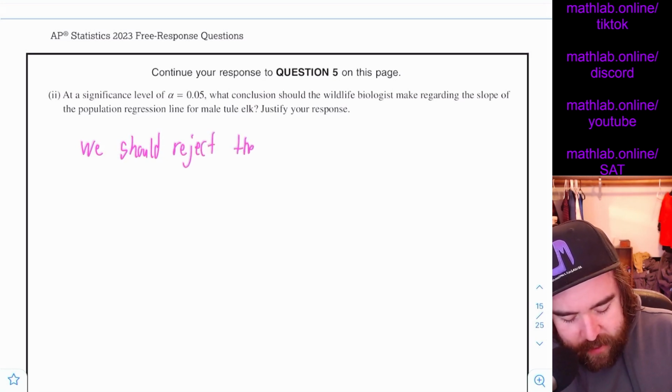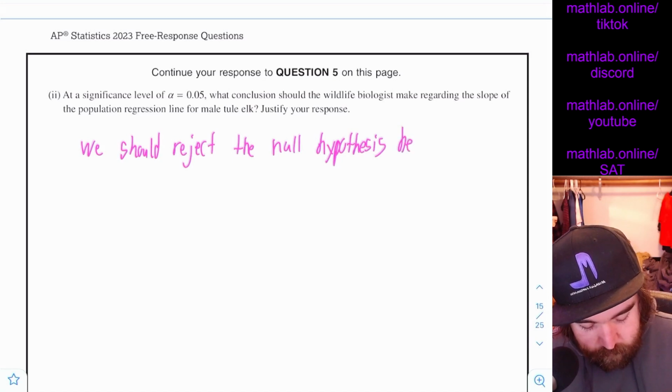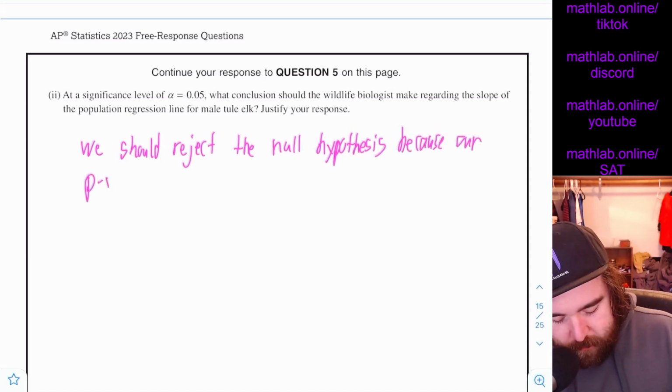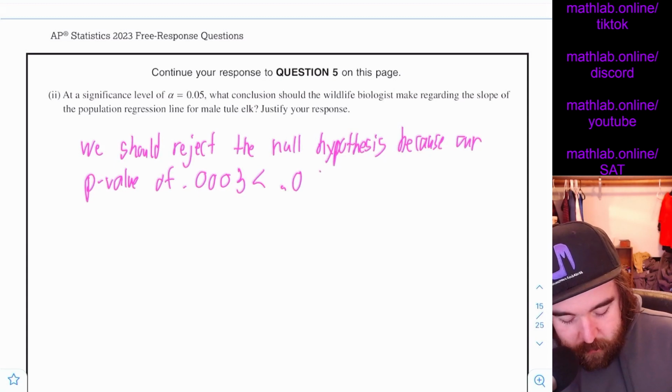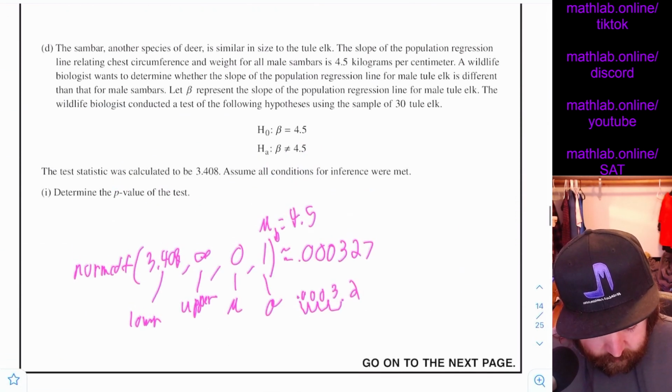We should reject the null hypothesis because our p-value of 0.0003 is less than 0.05. There is evidence.